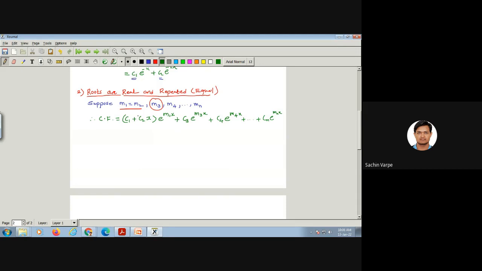Okay, so to discuss the explanation, let us consider the linear differential equation of second order, where both of the roots are repeated. So what will be the factored form?